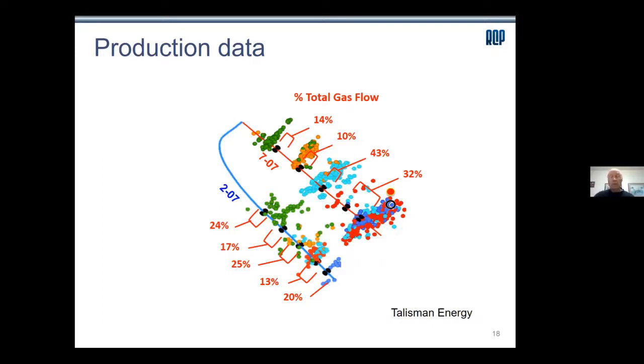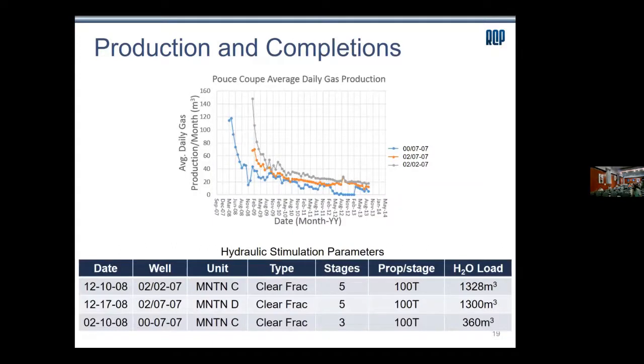Whereas in the 7 of 7 well, the one to the northeast, over 40% of our flow comes from that central frac stage, and not so much from the others. And this is borne out in terms of longer term production histories from the wells. Again, the 2 of 7 well compared to the 7 of 7 well is a better producer.